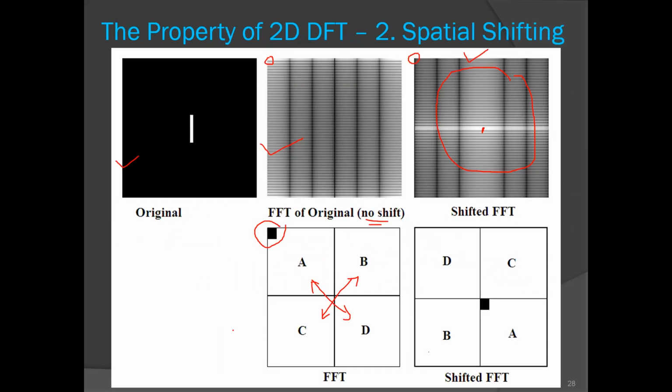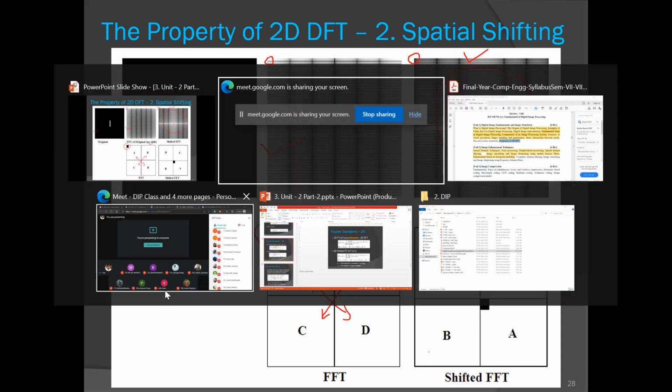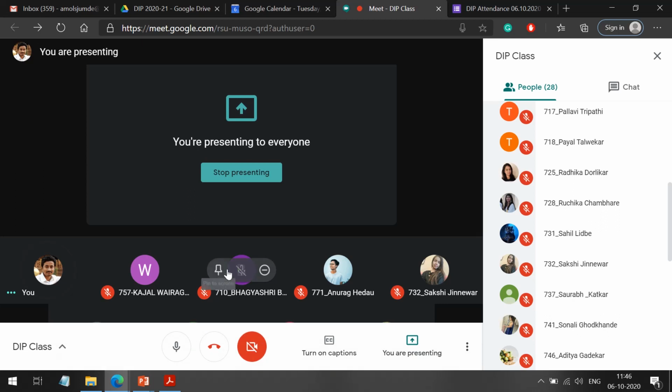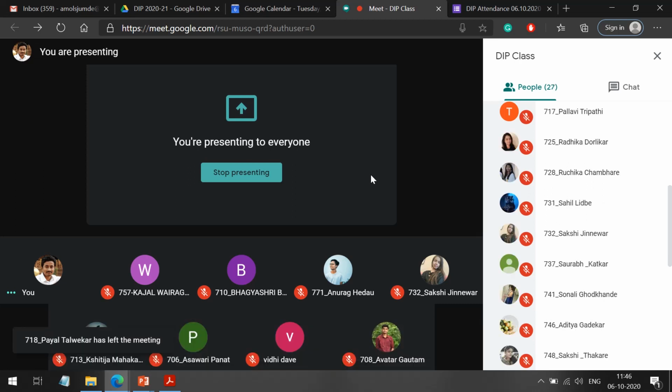So is it okay? So why transform an image from spatial domain to the frequency domain? We have seen multiple advantages.